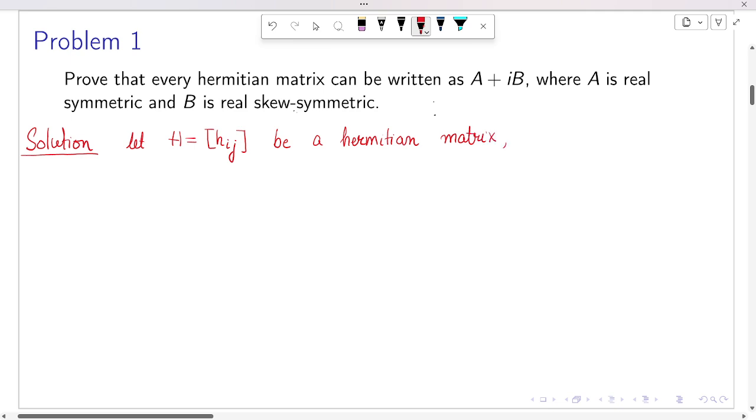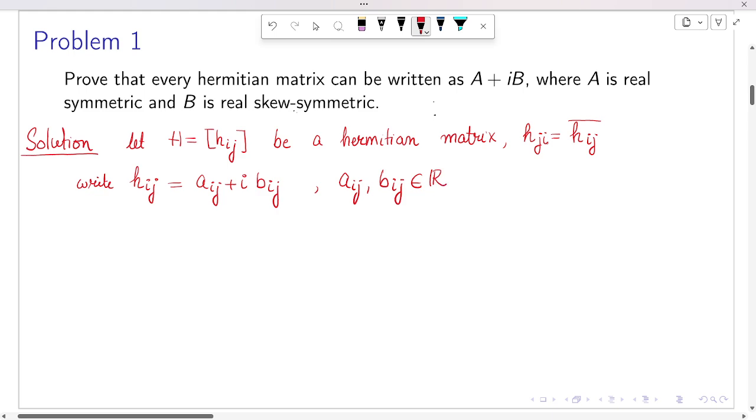As H is Hermitian, it means Hji is equal to Hij conjugate. And let us write Hij as Aij plus iota times Bij, where Aij and Bij are real numbers.